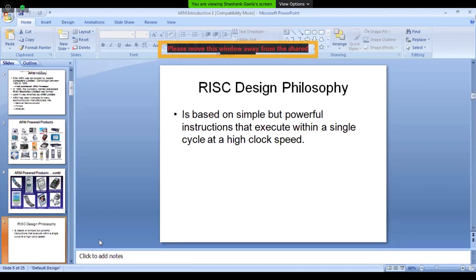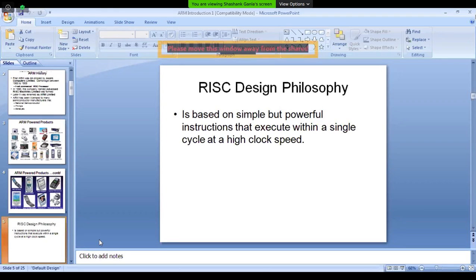Complex instruction set architecture, which is CISC, means more instructions. Reduced instruction set architecture means fewer instructions. Though there are fewer instructions used for designing a CPU, they are very, very effective and powerful, because they are designed to execute mostly in a single clock cycle. So their execution cycle will be a single cycle.